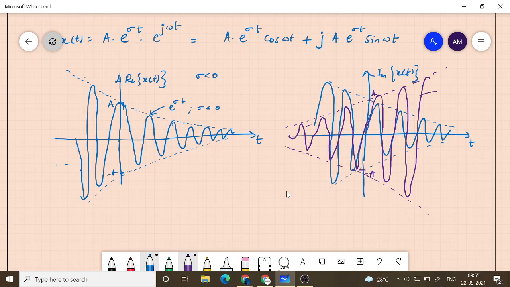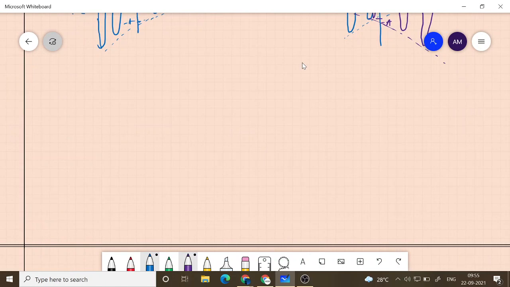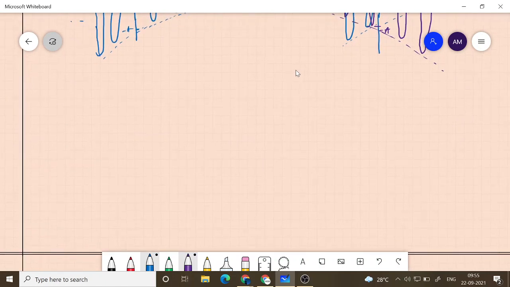So this is a case where sigma is greater than 0. Same thing I can draw for the real part also. That's the most general case, and if you plot it in 3D again you can do that, but it's a little tedious, but I will just attempt to do it.